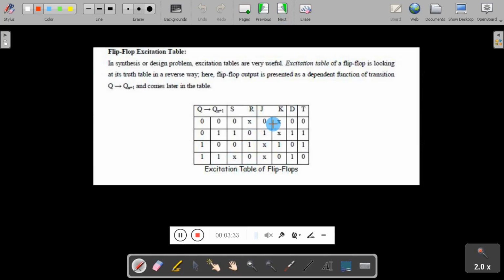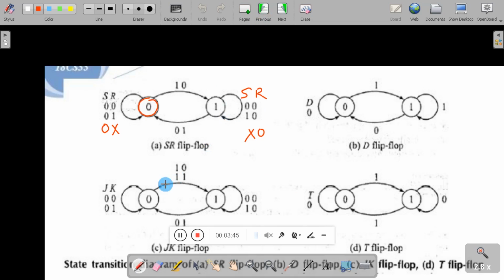Similarly in JK, to move from 0 to 0, it is 0X only. To move from 0 to 1, here you can see the value of JK: J remains 1, K will take value 0 or 1.